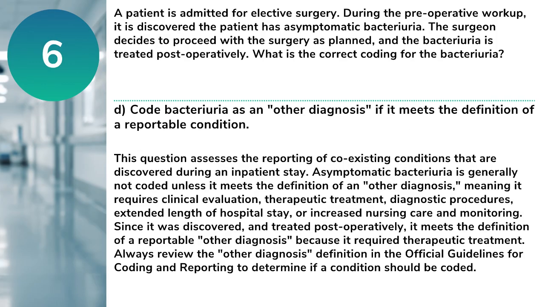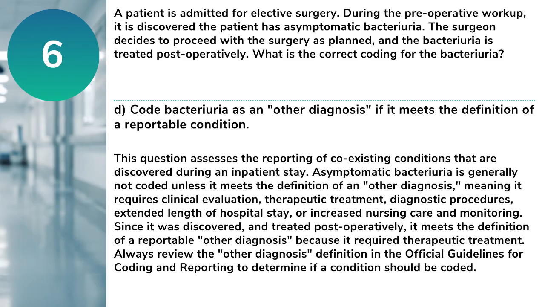Answer: D. Code bacteriuria as an other diagnosis if it meets the definition of a reportable condition. This question assesses the reporting of coexisting conditions that are discovered during an inpatient stay. Asymptomatic bacteriuria is generally not coded unless it meets the definition of an other diagnosis, meaning it requires clinical evaluation, therapeutic treatment, diagnostic procedures, extended length of hospital stay, or increased nursing care and monitoring.